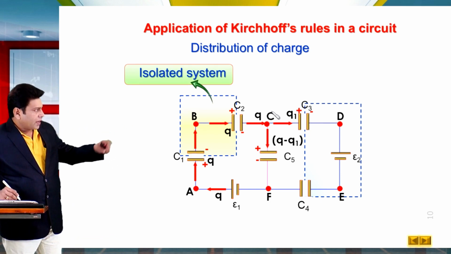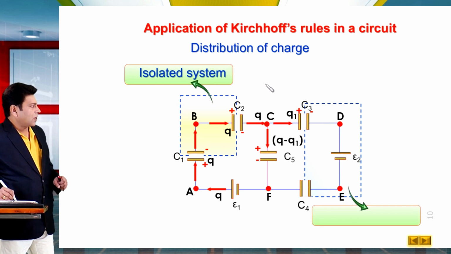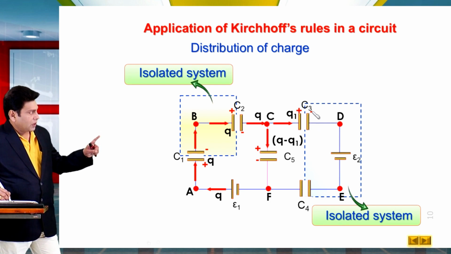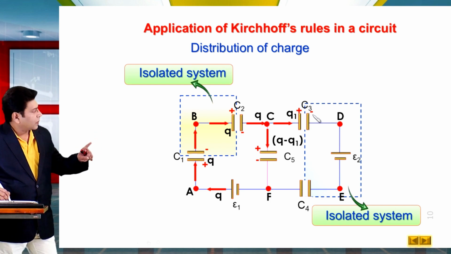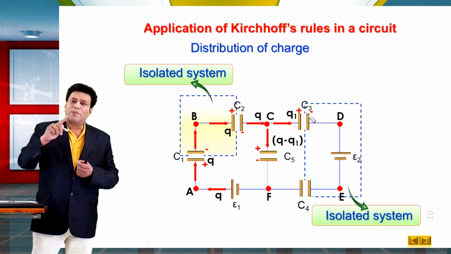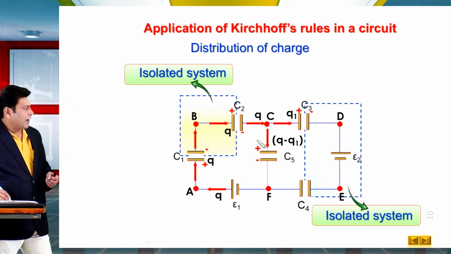That's why we have taken this battery inside the isolated system. So in this isolated system we can observe this plate has charge minus Q1. And for any isolated system, the net summation of charge should be 0. So the charge on this plate should be equal to plus Q1.